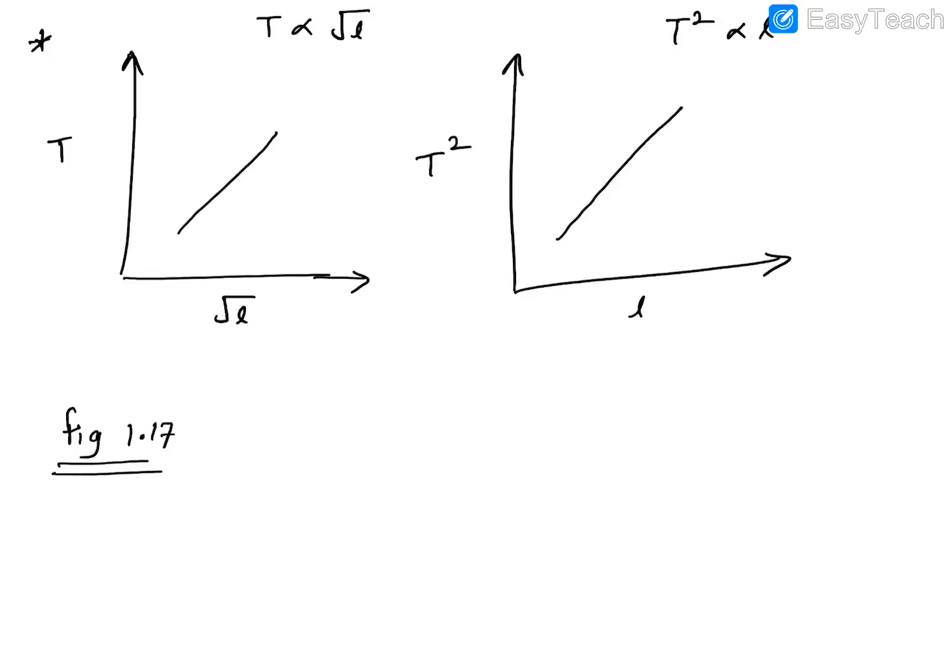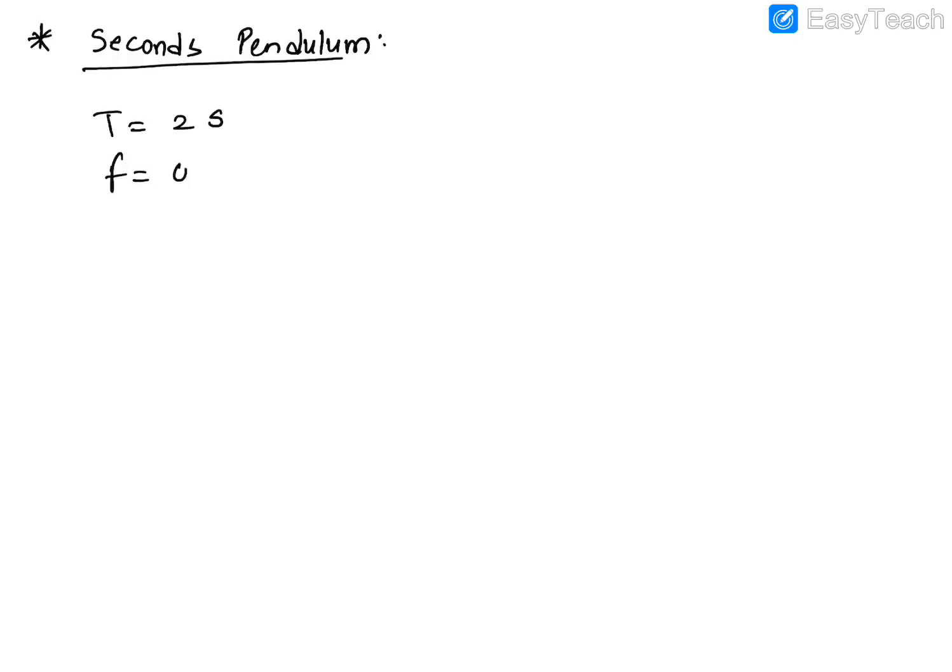Then the next thing you need to know is what you mean by a seconds pendulum. A seconds pendulum is the one which has a time period of exactly 2 seconds. That pendulum which takes only 2 seconds to make one complete oscillation is called a seconds pendulum. What will be the frequency of such a pendulum? It is 0.5 Hertz.